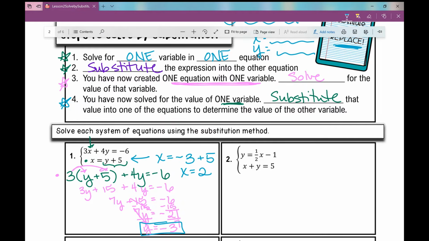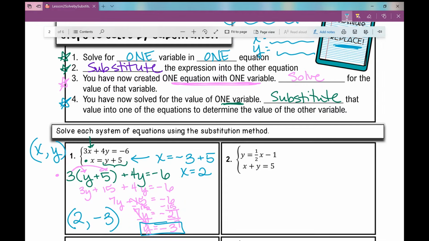So now we have our x and y values for our solution. This is the point of intersection. If we were to take these two equations and graph them on the coordinate plane, this would be the point of intersection, and that's (2, negative 3). Remember, we write our ordered pairs x comma y.